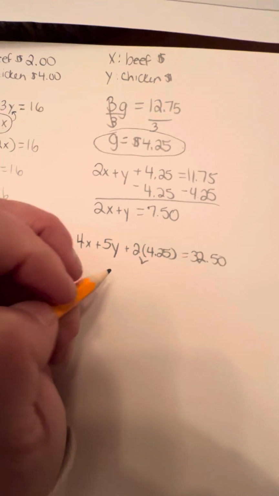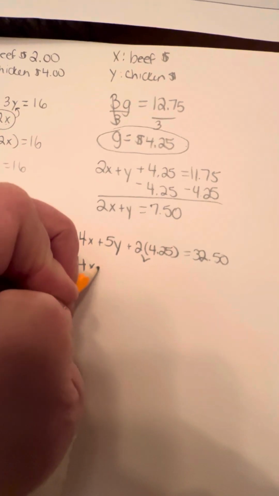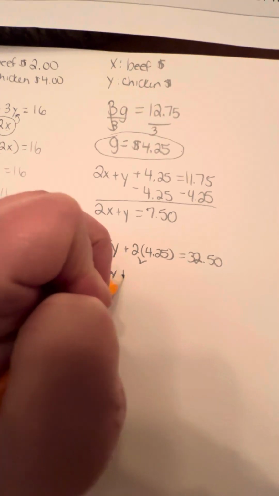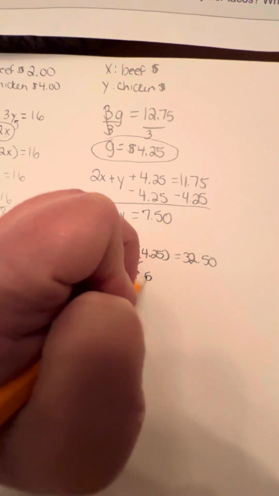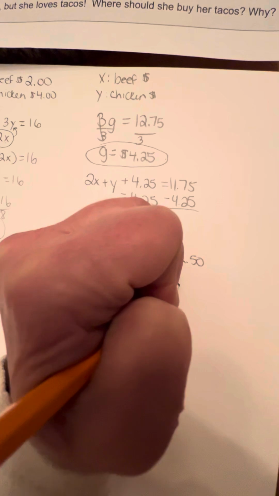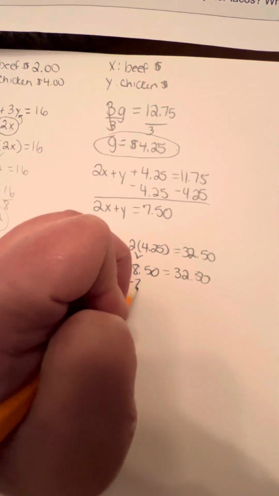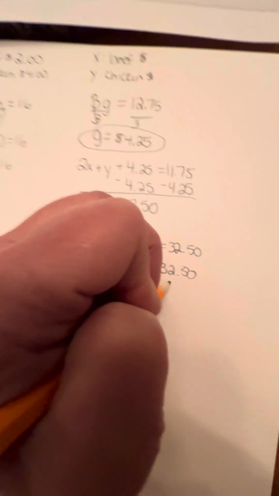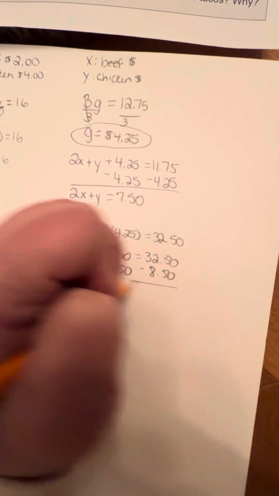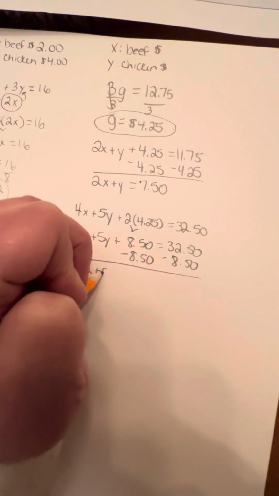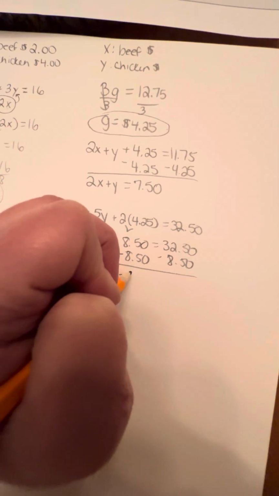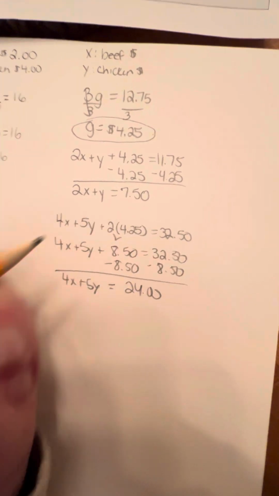The 2 guacs total up to be $8.50. So we're going to subtract that from the $32.50 so we can get a more level playing field here. And this is going to be 4x plus 5y, and that's going to equal 24 bucks.